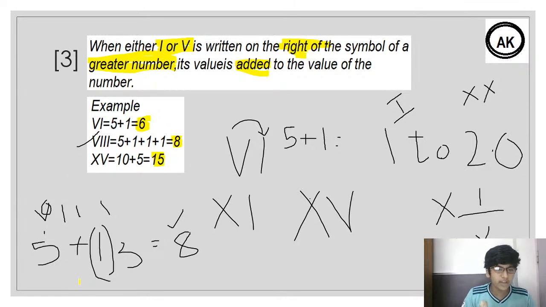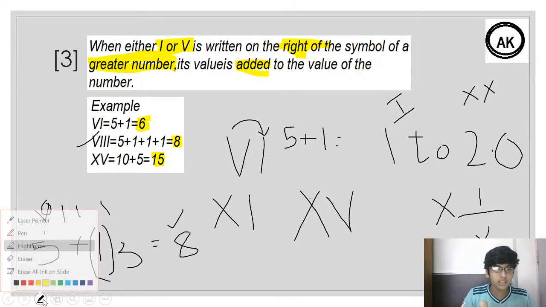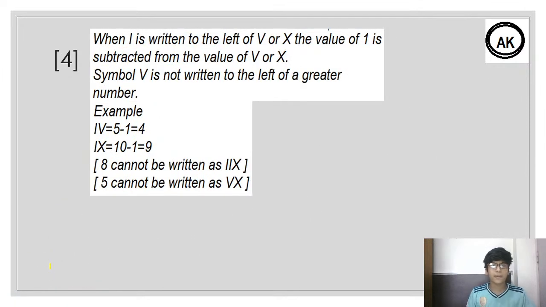Correct. So moving on to the next rule, which is the fourth rule: when I is written to the left of V or X, the value of 1 is subtracted from V or X. So first we will explain this first line.